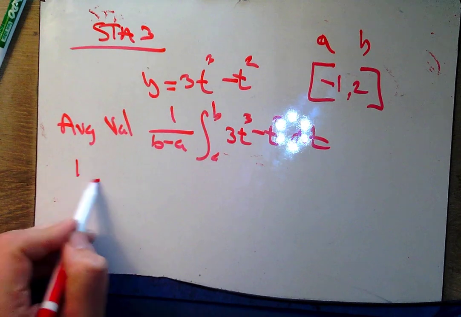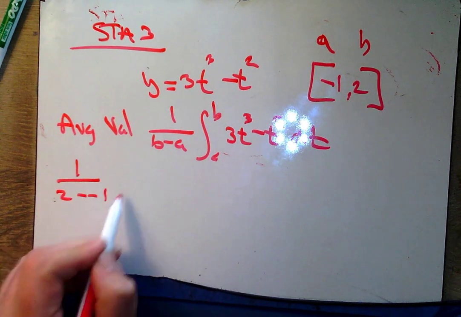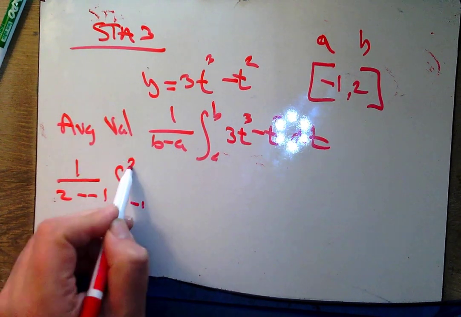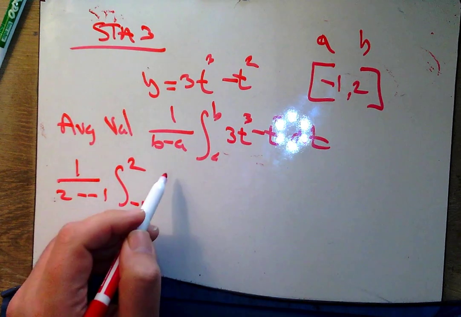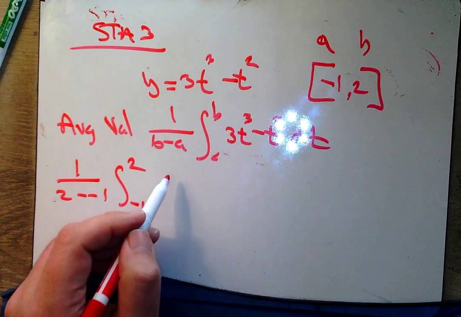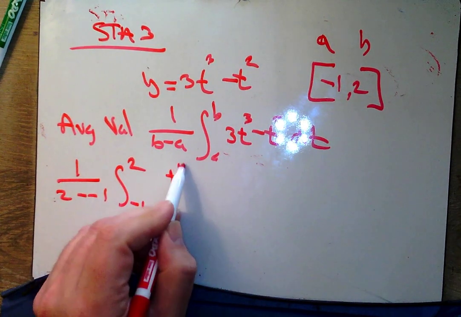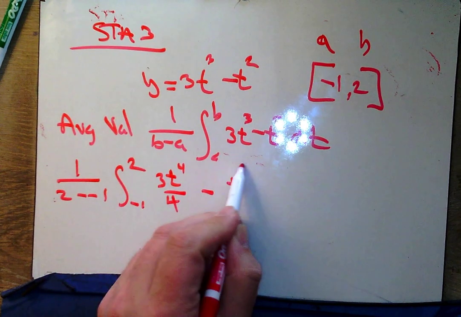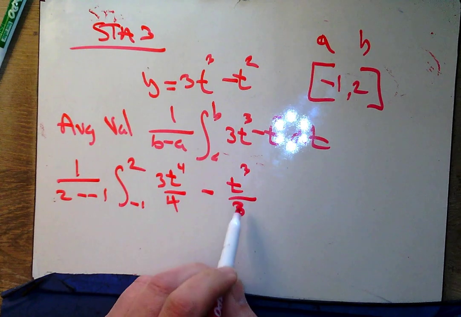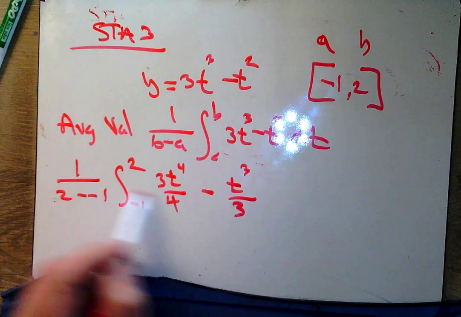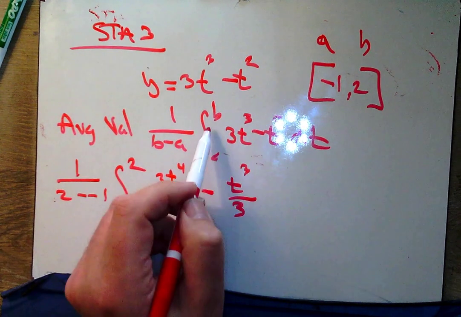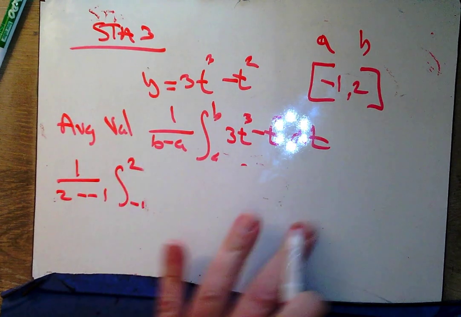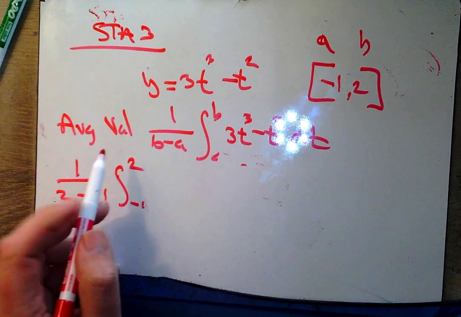We're going to have 1 over 2 minus 1, integral negative 1 to 2. Integral here is going to be t to the fourth over 4 minus t to the third over 3. Now this is just so wrong, because I'm doing the antiderivative with the integral sign still there.